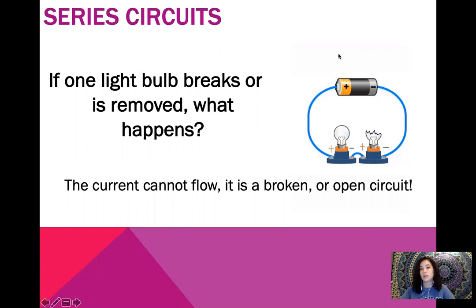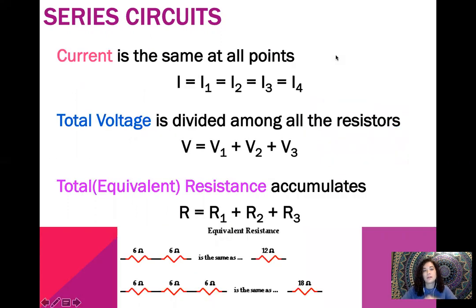electricity stops flowing. So in a series circuit, your current is the same at all points in the circuit because it's one current going through there. The total voltage will be divided amongst the resistors. So current I1 equals I2 equals I3 equals however many you've got. It stays the same the whole way.